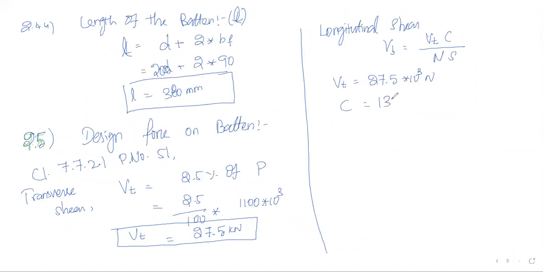C value is 1300 mm and S value is 247.2 mm.